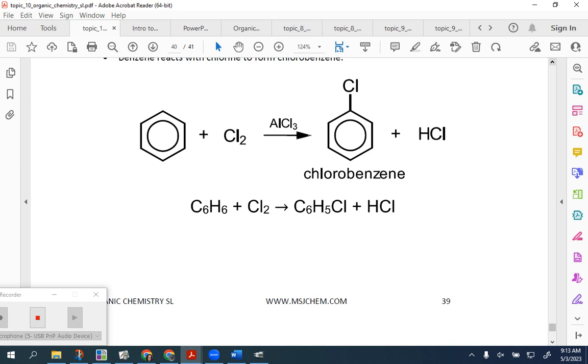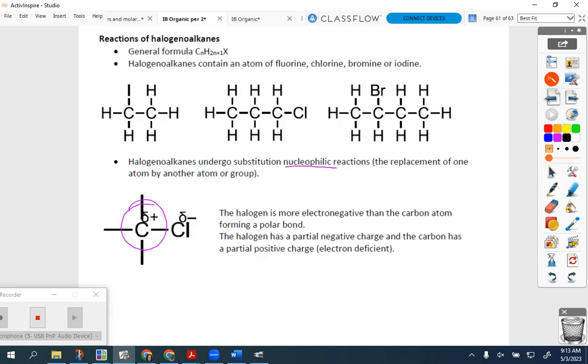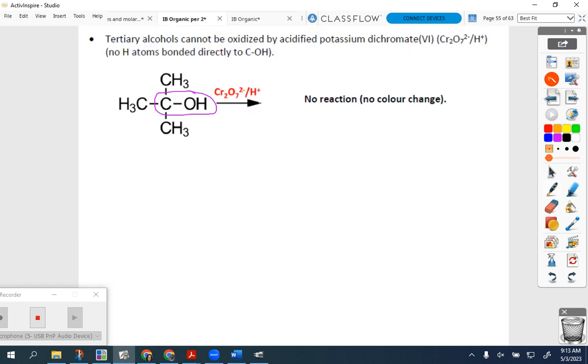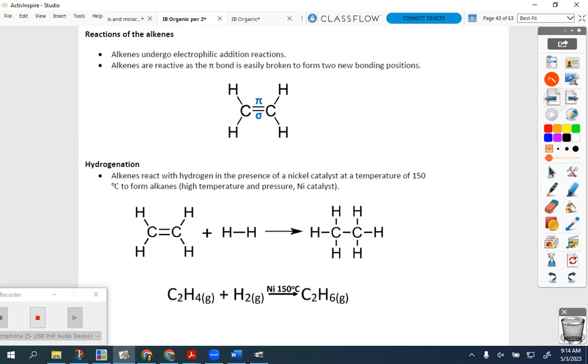No, we're substituting. An addition reaction would be if we were to take one of those double bonds, break it, and put like 2 hydrogens or a hydrogen and a chlorine. So the alkene addition reactions that we looked at earlier, where we're breaking the double bond and adding 2 things to the 2 carbons.